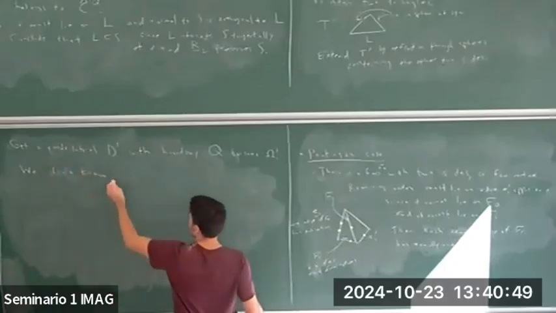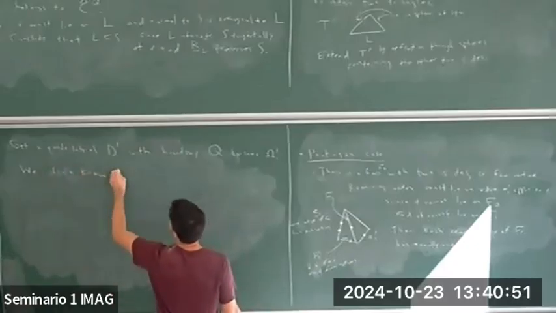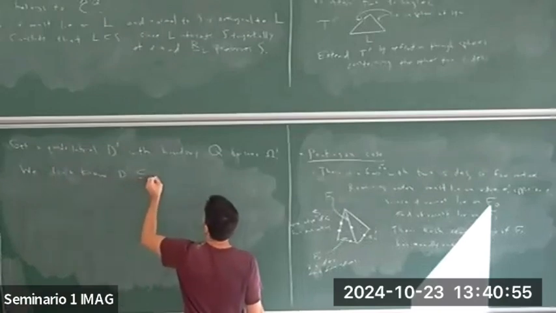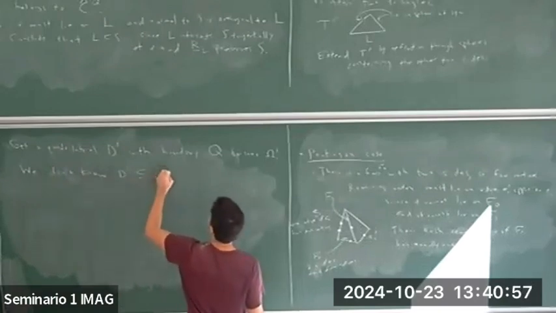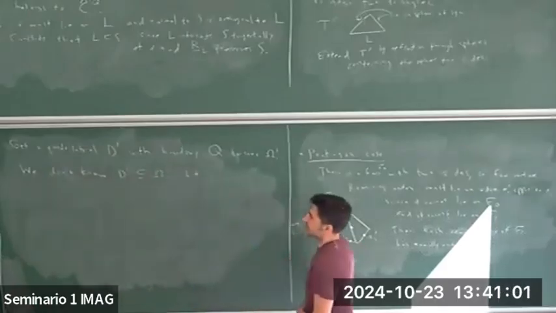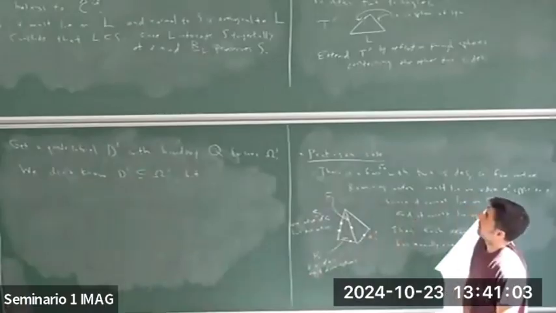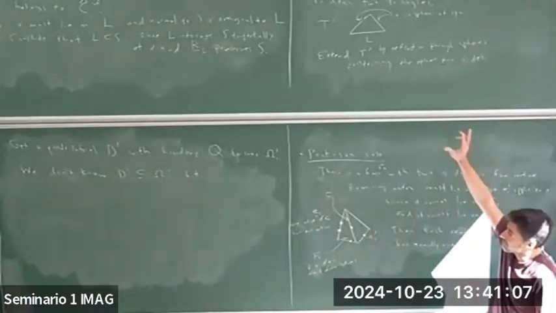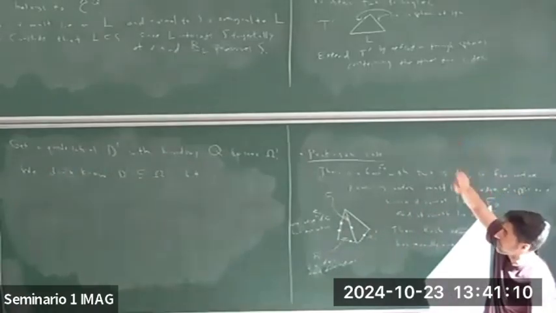That's one valid objection. Okay, but right, we got this by taking something which was a piece of the intersection with omega bar, and then we did the extension.